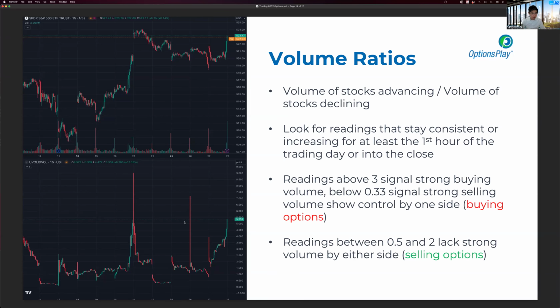So this is the indicator here at the bottom, right? It kind of oscillates around 1, which is kind of the equilibrium, right? If the volume of advancing stocks is equal to the volume of declining stocks, you get a reading of 1. Anything above 1 tells you that stock buying is at a higher volume than stock selling, and vice versa.